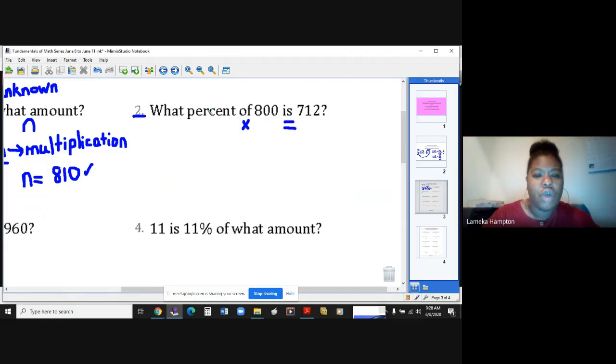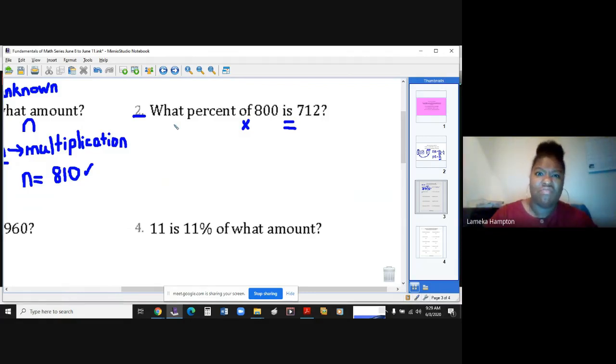Now, when we get to what percent, this is very important. When we get to what percent, we are trying to figure out what percentage of 800 is 712. So this would be considered our unknown. So because it's our unknown, I am going to use the letter N. And again, you can use any letter of the alphabet you like.